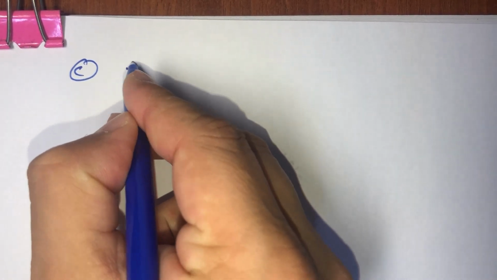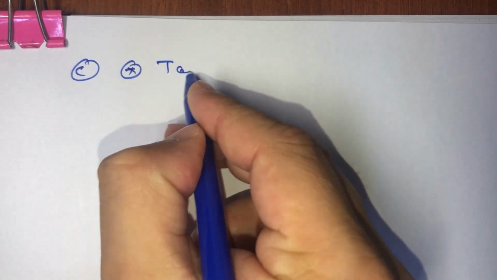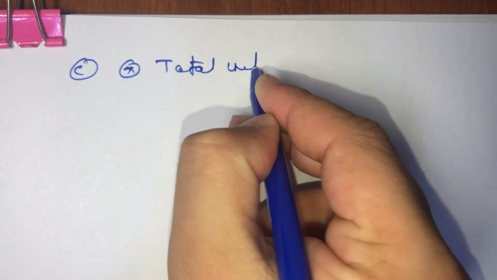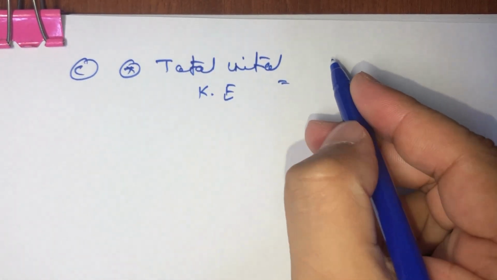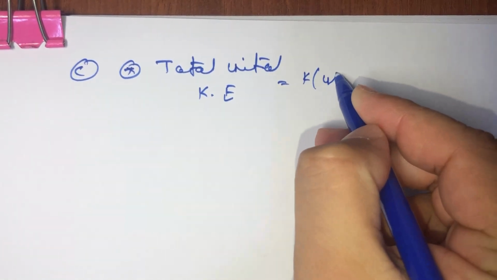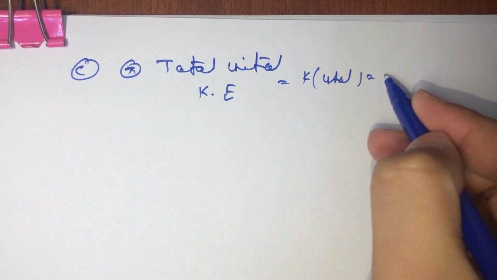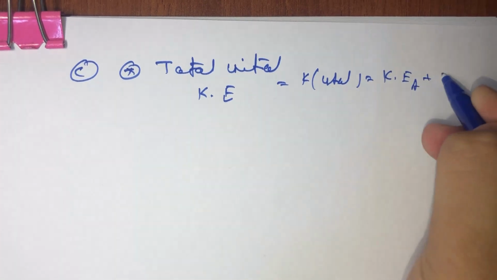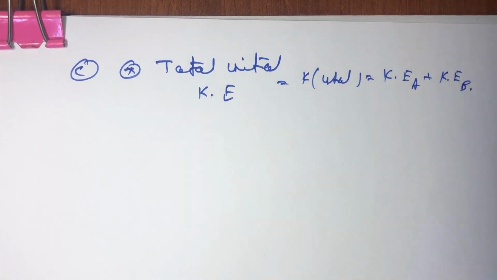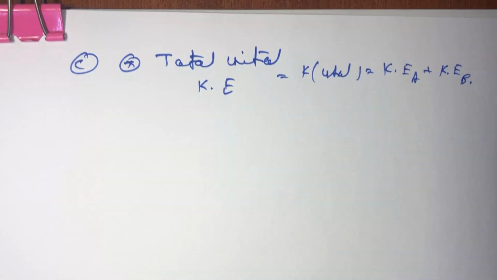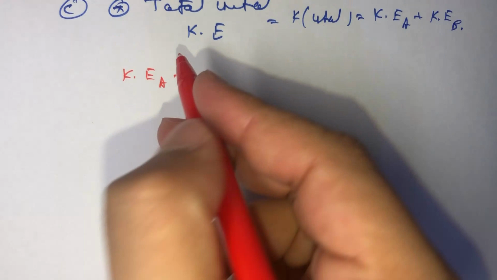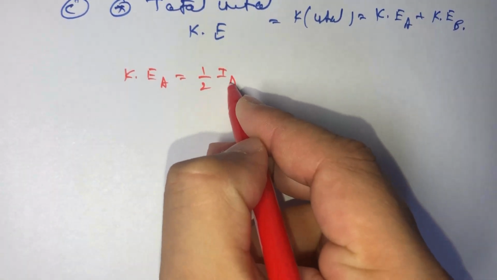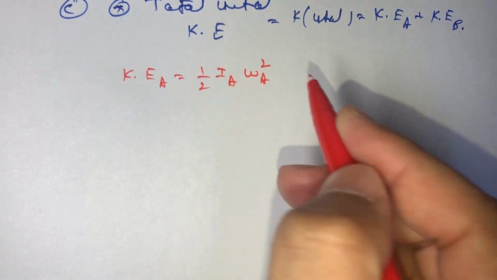So we can say that total initial kinetic energy, let us suppose that is given as K initial, will be equal to kinetic energy of A plus kinetic energy of B. First of all, we write kinetic energy for A. Kinetic energy of A will be equal to half moment of inertia of A and its angular velocity squared.